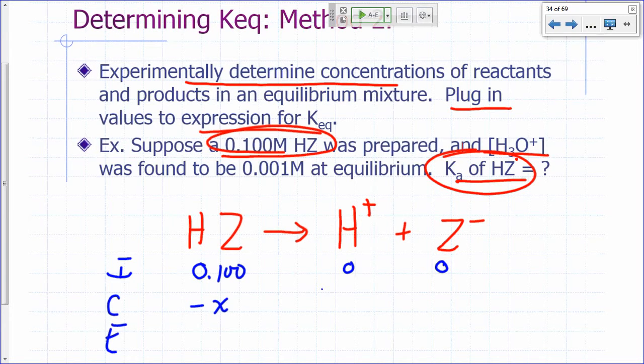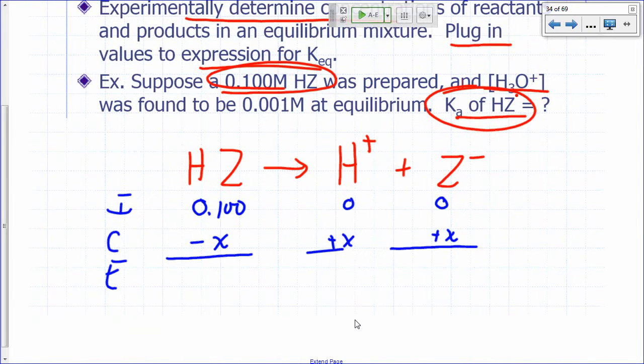How much H plus are you going to make? X, right? For every mole of HZ you lose, you gain a mole of H plus and a mole of Z minus. So what would be your equilibrium concentrations? This is going to be 0.100 minus X, that's going to be X, and that's going to be X.